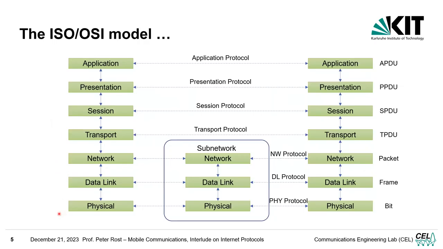The physical, data link, and network layers are the only layers really concerned with the actual networking of different devices, while the layers up here are more logical layers that are there to organize your information transfer, so to implement certain characteristics in your information transfer.